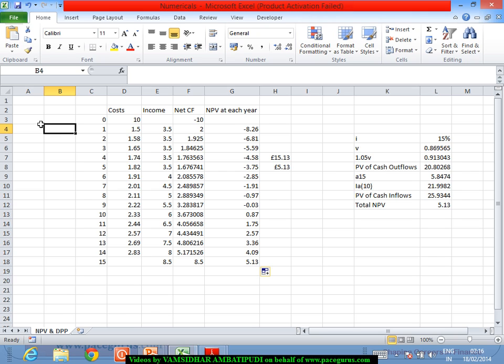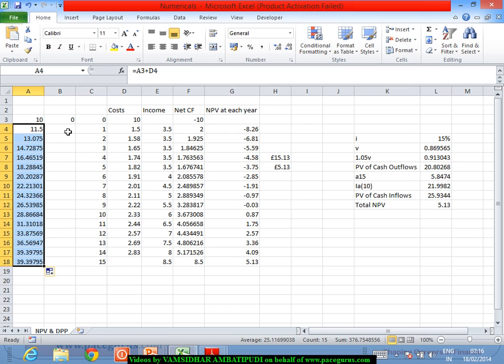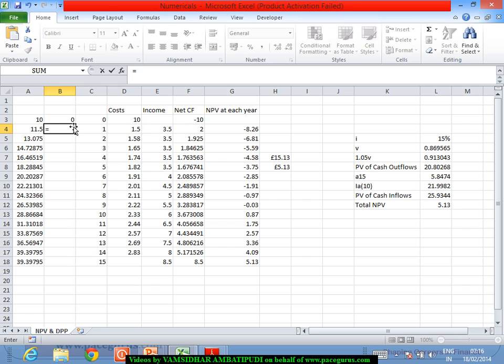We can look at the cumulative. On the cost front, in each of the periods, these are the costs. From the next year onwards, I will add the previous period costs like this. So on a broader scale, I keep adding the costs. Similarly, I keep adding the income.